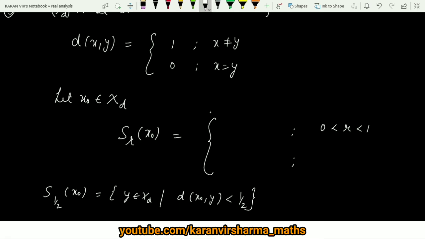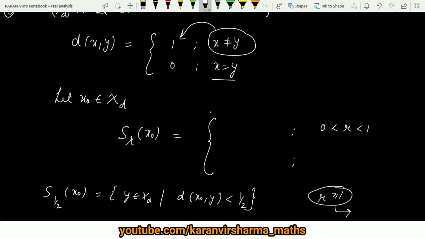So when I am talking about half, it means x has to be equal to y. In this case only one point will come, that is when x is equal to y, correct? But what if r is greater than or equal to 1? If r is greater than or equal to 1, all the points will come, because whenever x is not equal to y the distance comes out to be 1, and I am asking for r to be greater than 1.